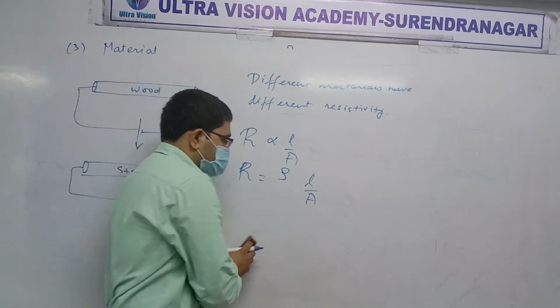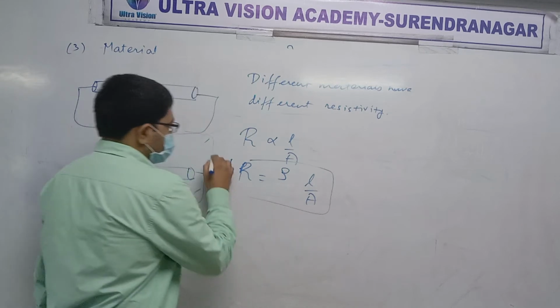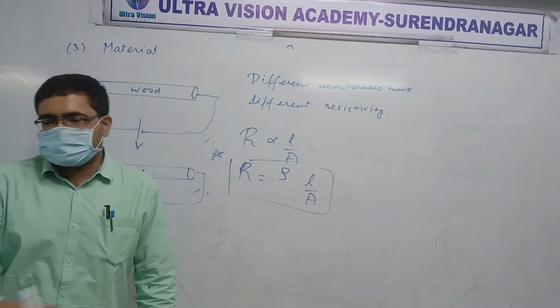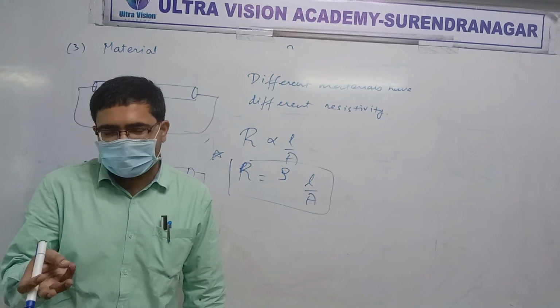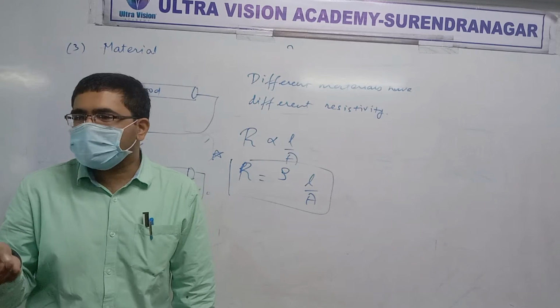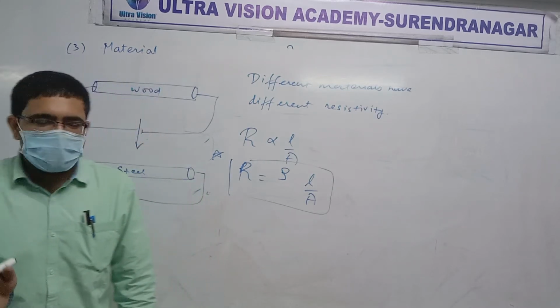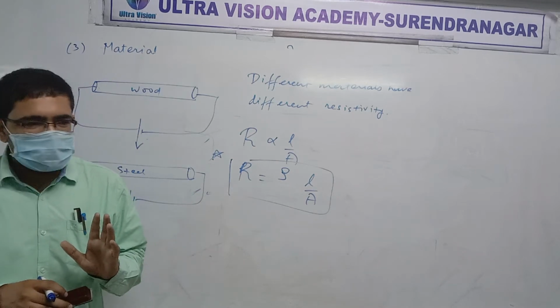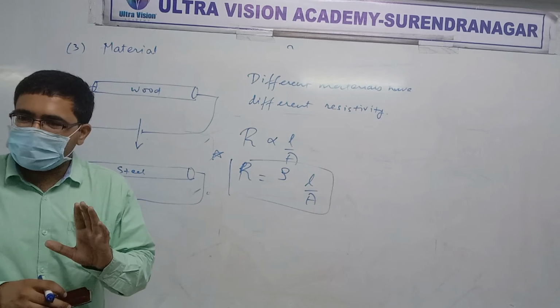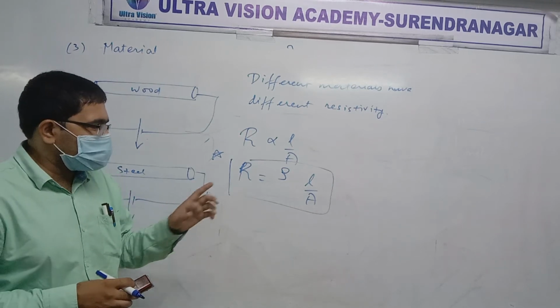Just one little note. This is a very useful formula, of course. In all these chapters, 1, 2, now 3, there are so many different quantities that we are studying. For example, in the first chapter, electric field, Coulomb's constant, permittivity; in the second, capacitance, etc. So you may be asked dimensional formulas of any one of these, out of all the chapters, typically in the board exam.